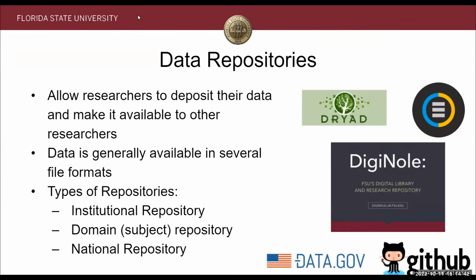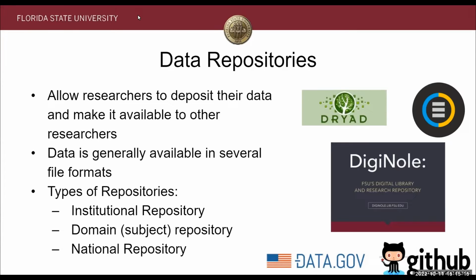All right, so the first place we're going to talk about in terms of looking for data is something called data repositories. Data repositories are sites that allow researchers to deposit their data sets and make them openly or publicly available to other researchers. This is something that's often required as a part of the research process for grant-funded research, for example.